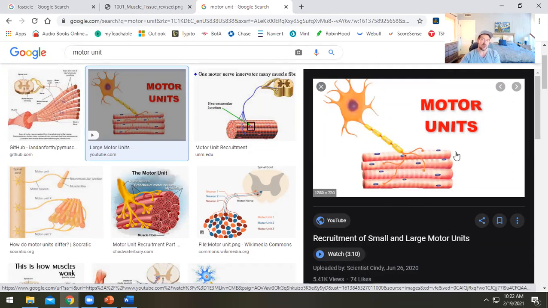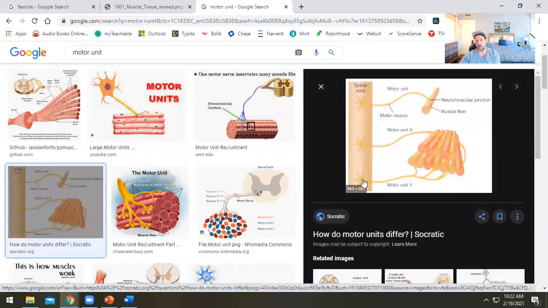So when you create new muscle fibers or larger muscle fibers, you create larger motor units. And that's how we develop our strength. You get a neuron which grows more fingers to basically zap more muscle fibers, right? So there's one neuron, there's another neuron, and there's another neuron. And maybe this one's only contracting with this individual little tiny muscle fiber, but these guys are controlling lots of muscle fibers.